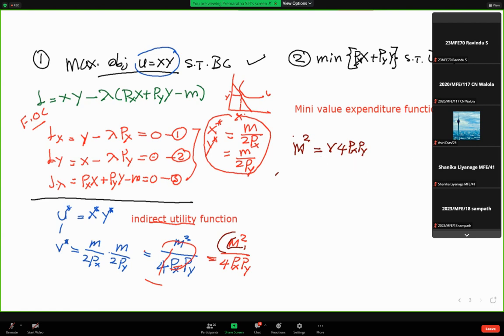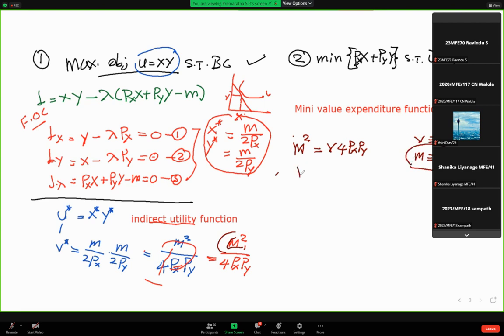A small change I'll do here for V. Since it's identical, I convert V as a U, convert U as E, because the money income equals expenditure.